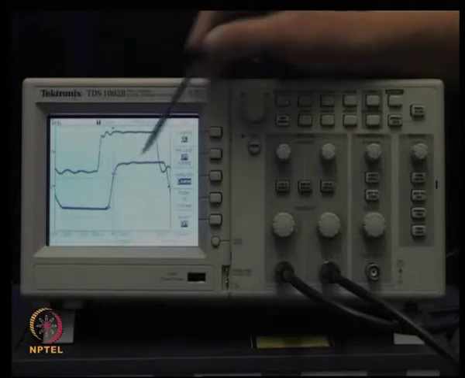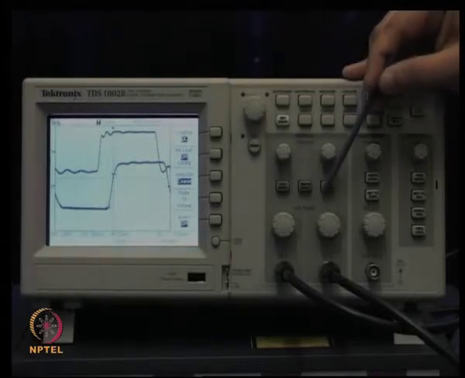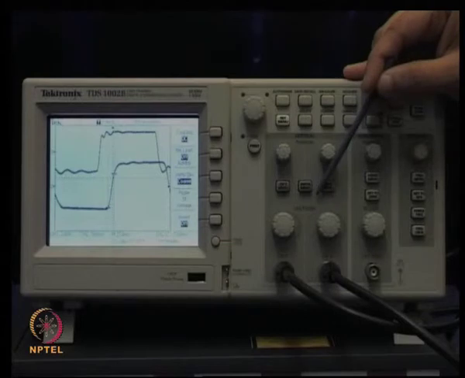Channel 2 is the RF output of the photoreceiver.